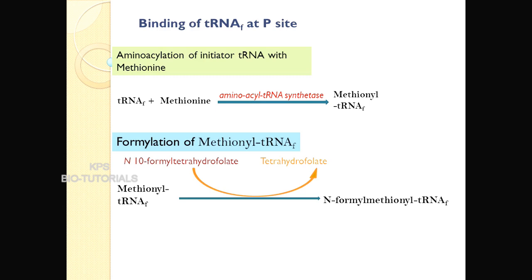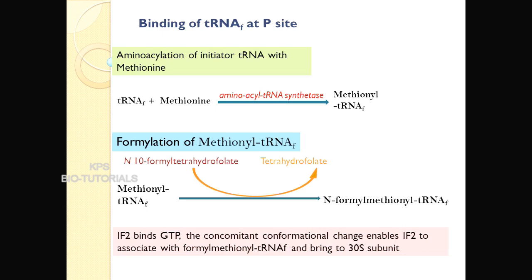The initiation factor 2 will bind with GTP, and thereby a conformational change will occur on the IF2. This conformational change enables the IF2 in the GTP form to bind with the N-formyl methionine tRNA-F, which will bring the N-formyl methionine tRNA-F to the 30S subunit.